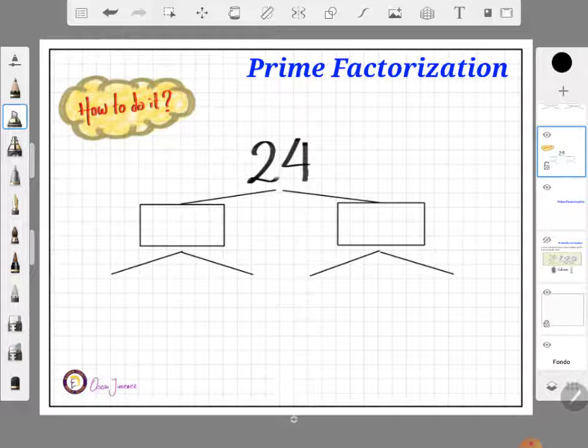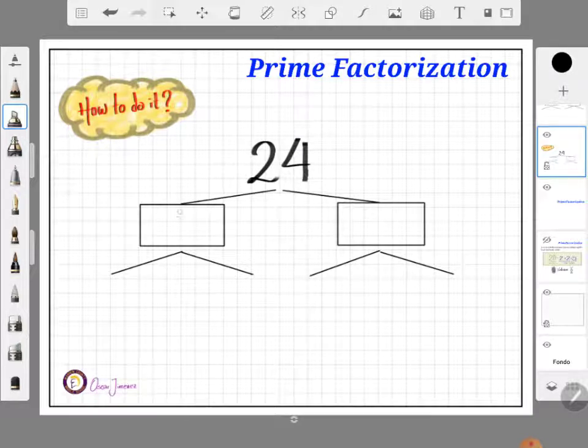The first thing you need to do is to find any pair of factors for the number 24. So 24 has more than two factors. 24 can be written as a product of 1 and 24, 2 and 12, 3 and 8, and also 4 and 6. So it doesn't matter what pair of factors you use, you will have the same prime factorization, okay?